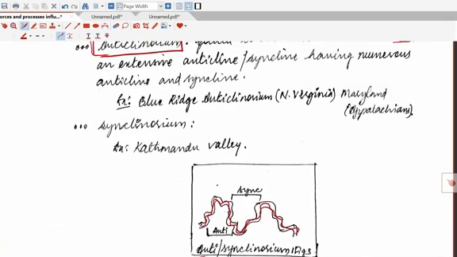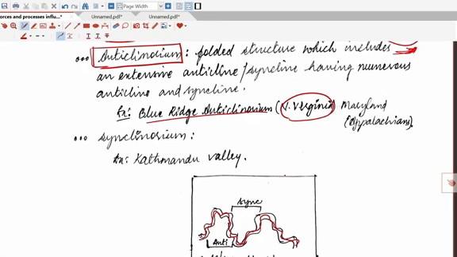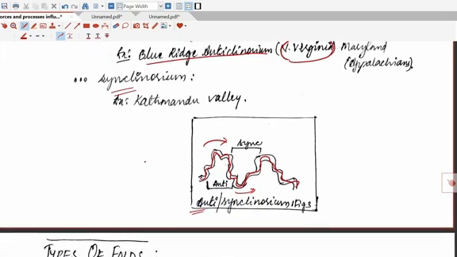Did you get this? The best example for this is the Blue Ridge anticlinorium in Virginia. And this is the synclinorium, and the best example of a synclinorium is the Kathmandu Valley.